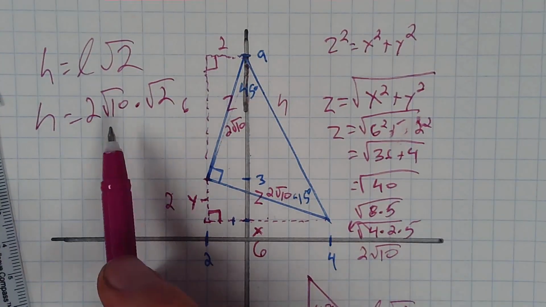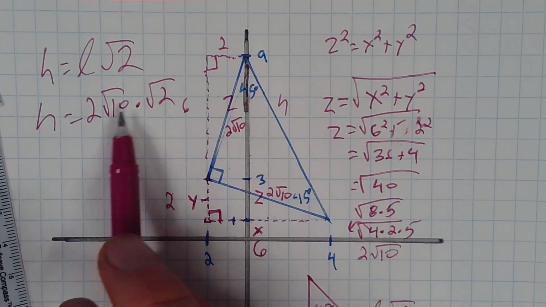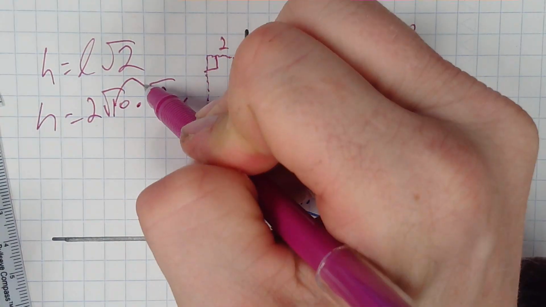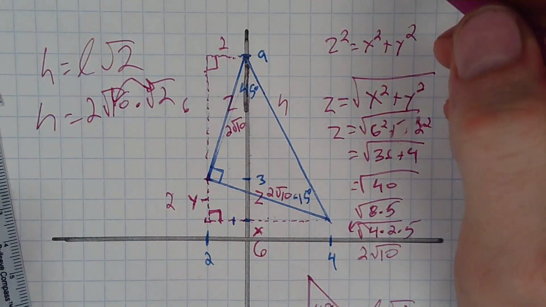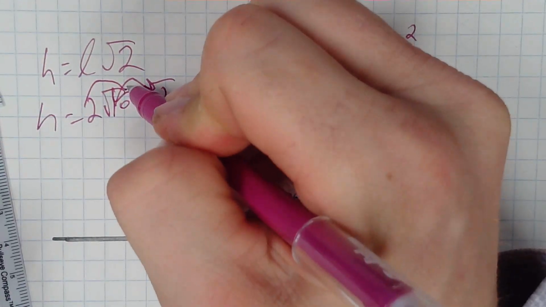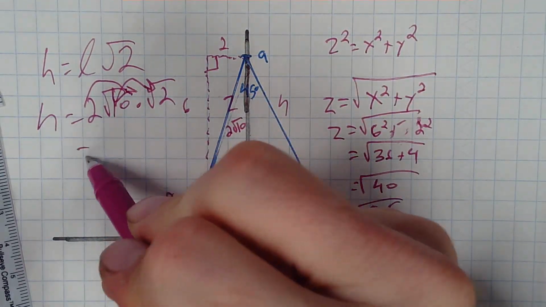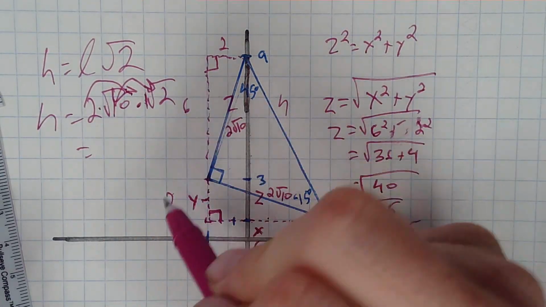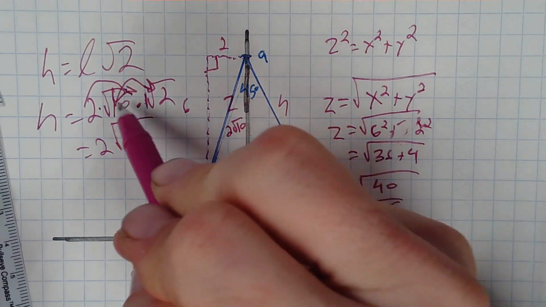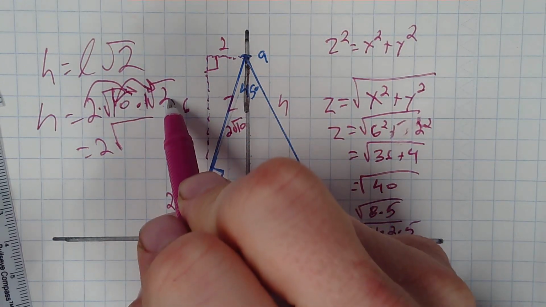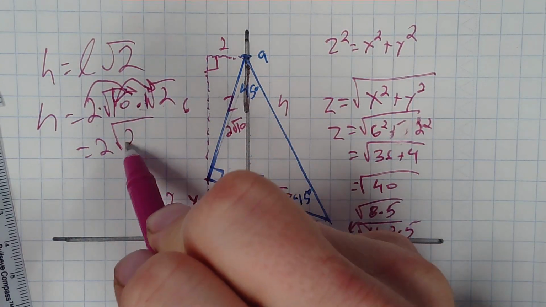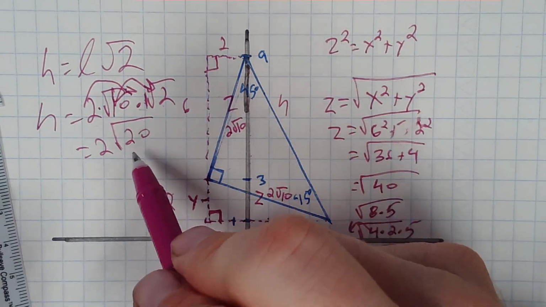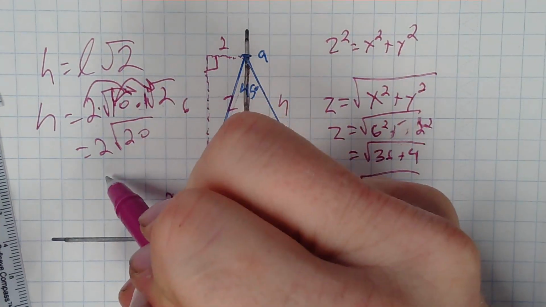All right, so now I have 2 square root of 10 times the square root of 2. I multiply what is inside the radicals together and what is outside the radicals together. So I get 2 times 1, so it's 2 times the square root of 20. Is there a 4 inside of 20?